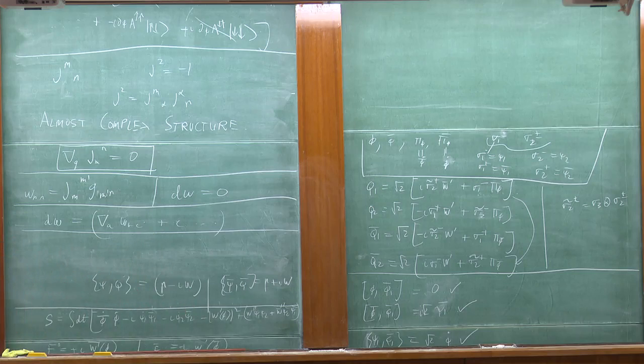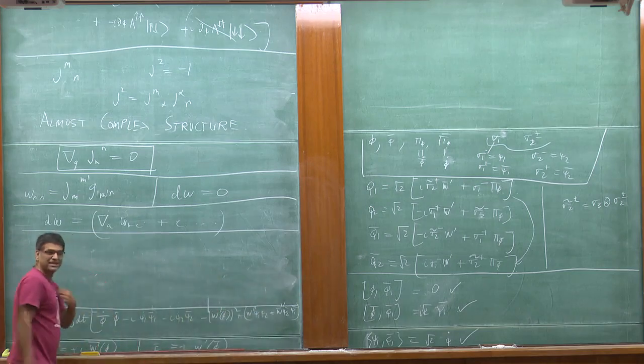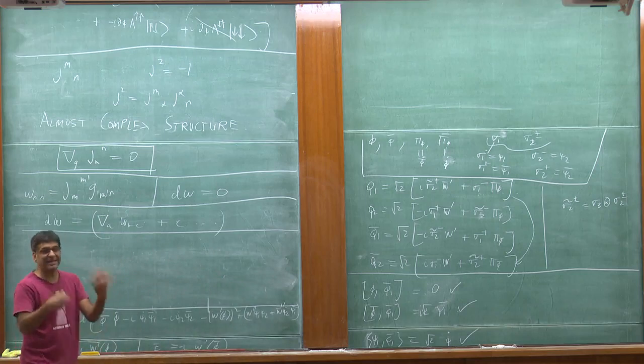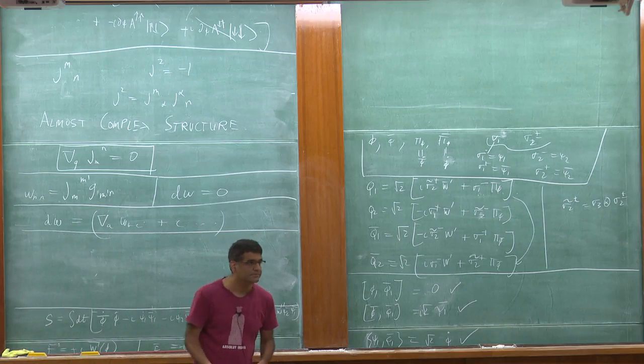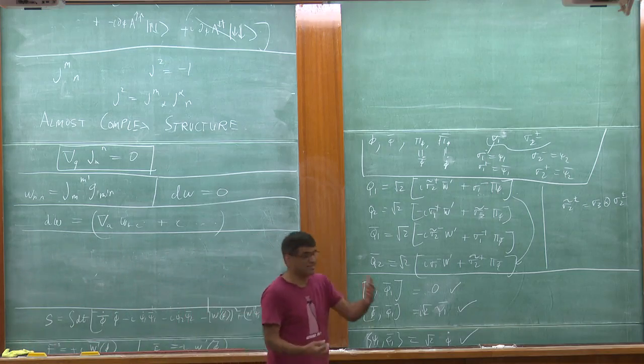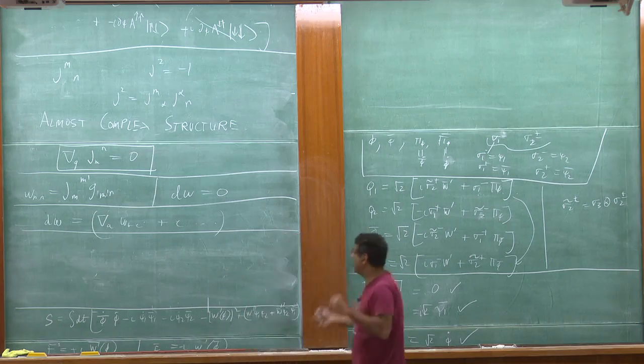J is antisymmetric because it squares to -1. J is antisymmetric, actually, you can't really say that, it's only once you lower indices. So you're saying W_mn is antisymmetric? I'm saying W is antisymmetric. I'm sorry. Yeah. Now, how am I saying that though?